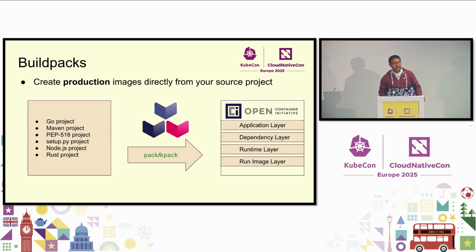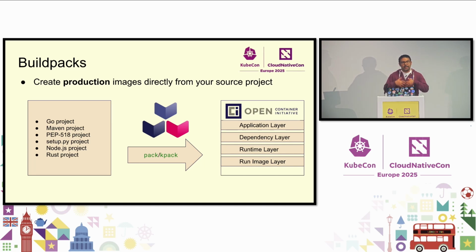In essence, the Cloud Native Buildpacks project allows you to transform your application source code into a production-ready OCI image that can be deployed on any OCI runtime environment, like Kubernetes or your Podman or Docker instance locally.